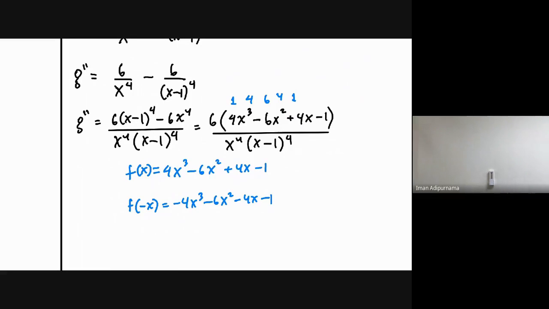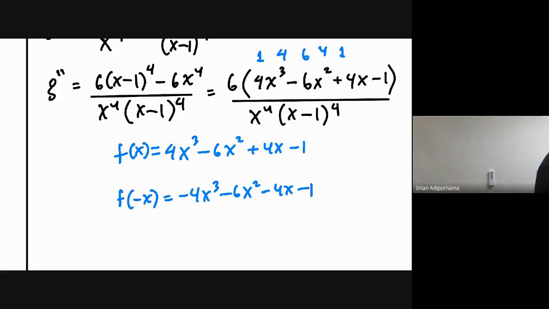I think I also taught this in the basic math class, but let's just see these two polynomials. For the positive x, see the signs. It's positive, negative, positive, negative. Every time the signs change, let's say this 1, 2, 3, 3 changes, right?